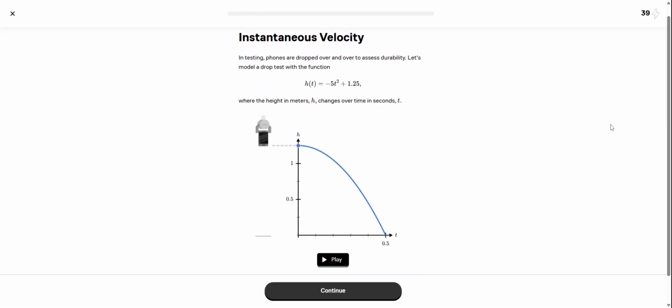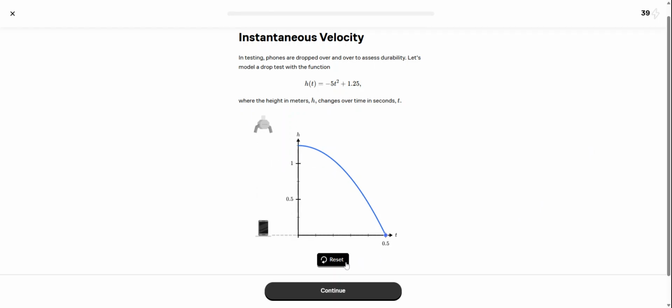Instantaneous velocity. In testing, phones are dropped over and over to assess durability. Let's model a drop test with the function h of t equals minus 5t squared plus 1.25, where height in meters, h, changes over time in seconds, t. I'll click play to show how it works.